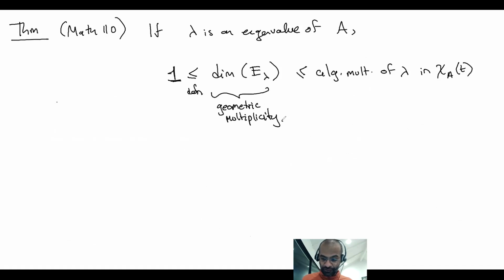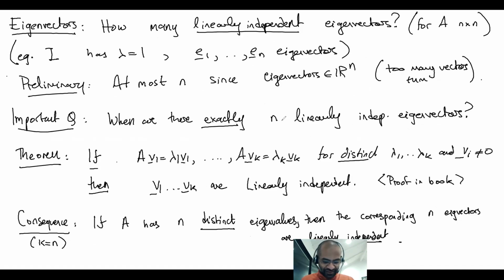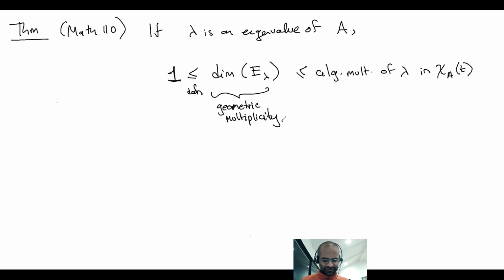So that's another bound on the number of eigenvectors inside each eigenspace. I find this quite magical. You can tell something about the dimension of the eigenspace, which is a fact in linear algebra, by looking at the number of times t minus lambda appears as a factor of the characteristic polynomial, which is a fact in algebra, not linear algebra.